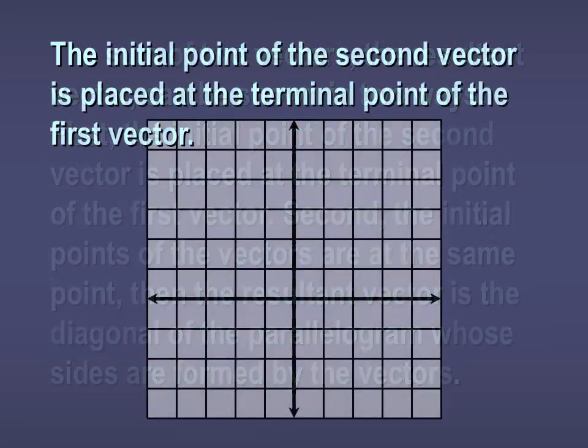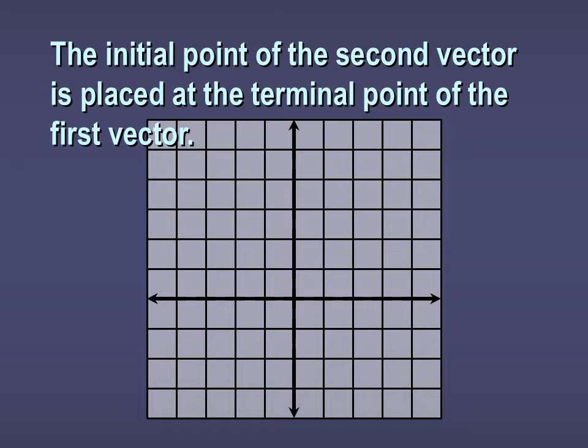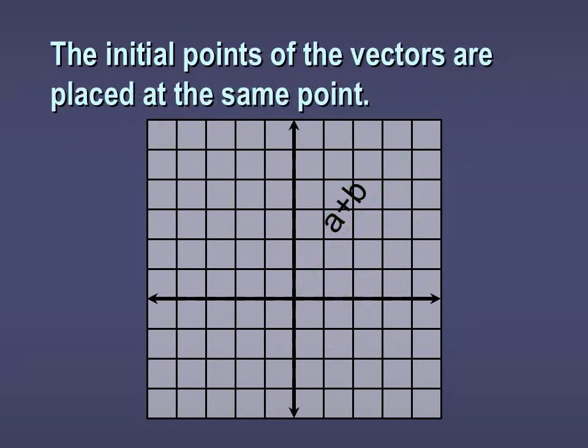So let's take a look at that. Okay, so the initial point of the second vector is placed at the terminal point of the first. We did that, right? The other way to do it is to put the initial points at the same point from the origin, right? And then it's going to create a parallelogram, and the diagonal of that parallelogram is our resultant vector.